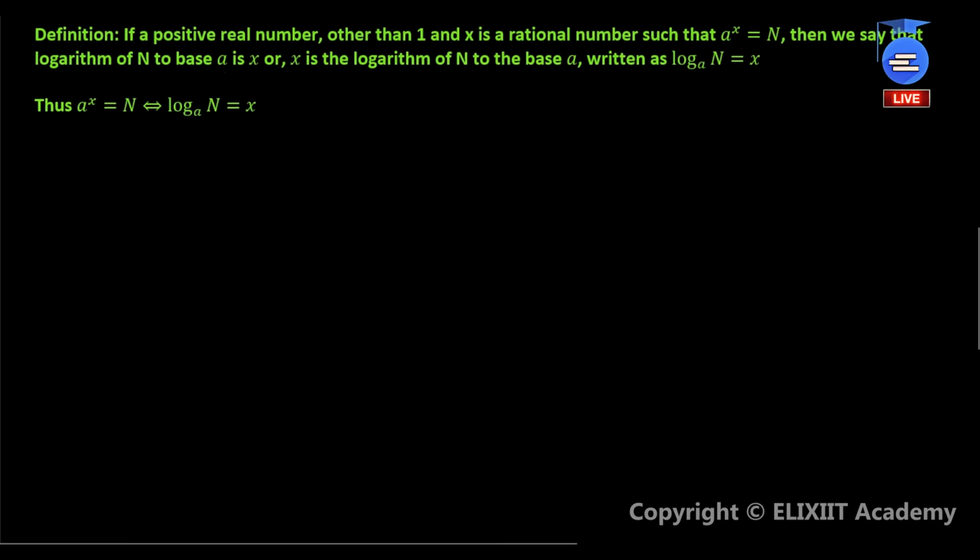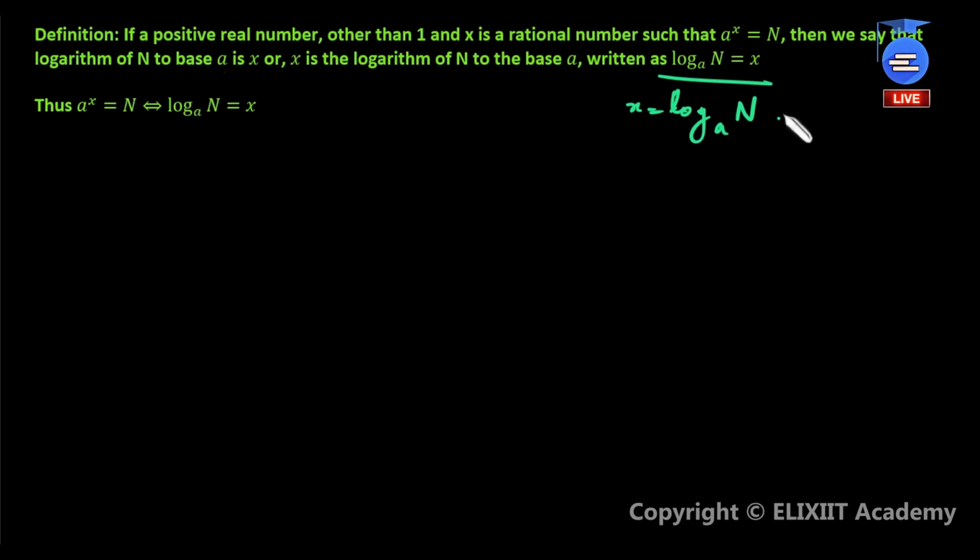We write it in this format: x is equal to log n base a. Which means from here we can say that a to the power x is equal to n if and only if log n base a is equal to x. Okay, this is the representation.